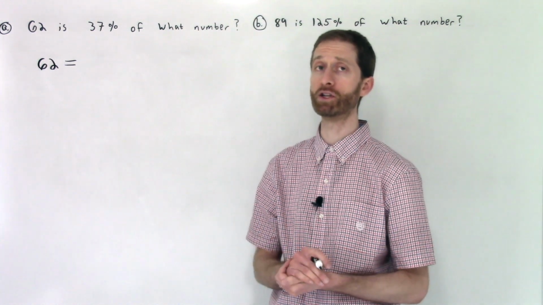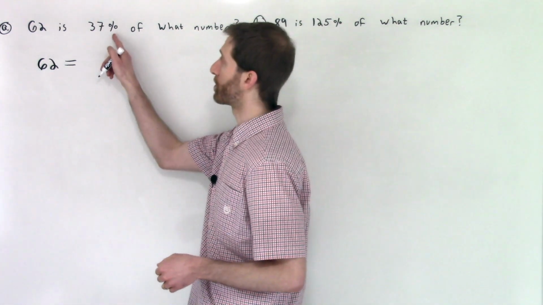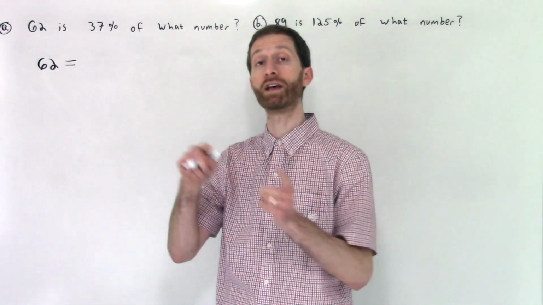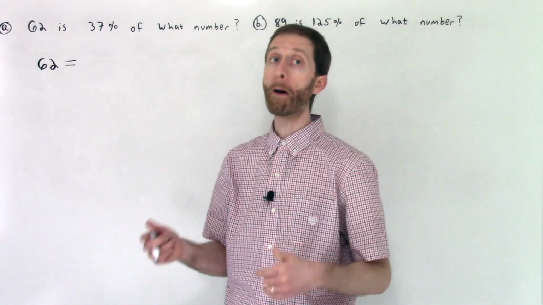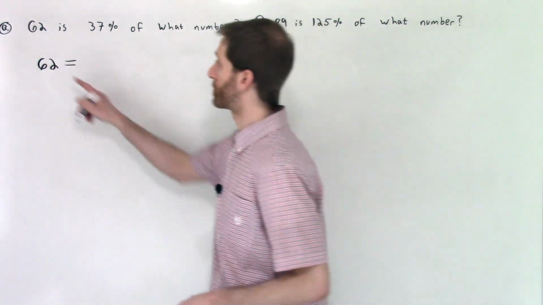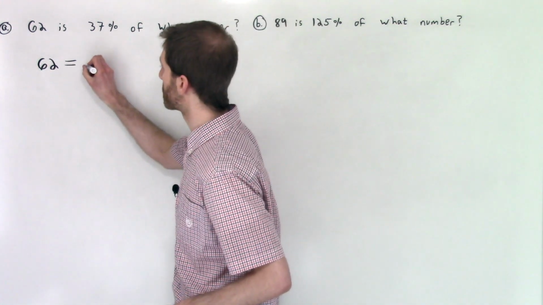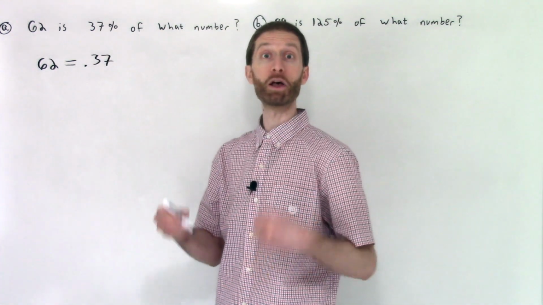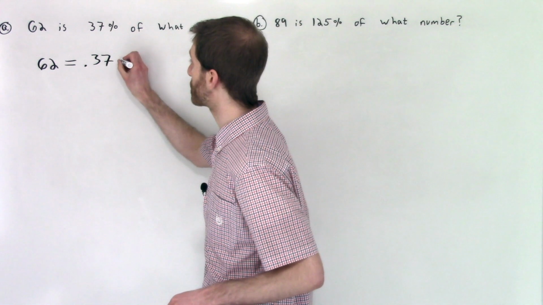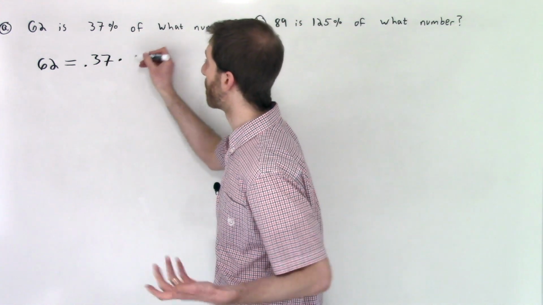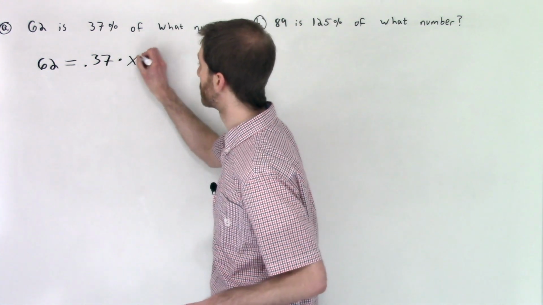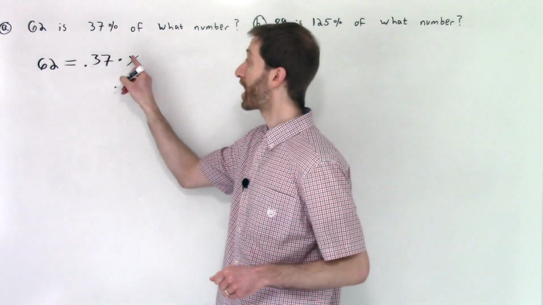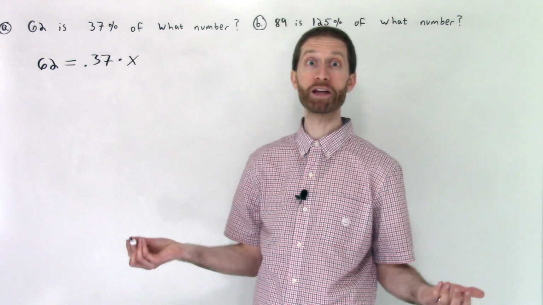I think decimals are easy to use because a percentage, remember 37% is really 37 out of 100, 37 100ths, or 0.37. So 62 is 37%, or 0.37 of. Of means multiplication. So 37% of some number. So we'll call that x. And that's it. You've got 62 is 37% of some number. That's all there is to it.